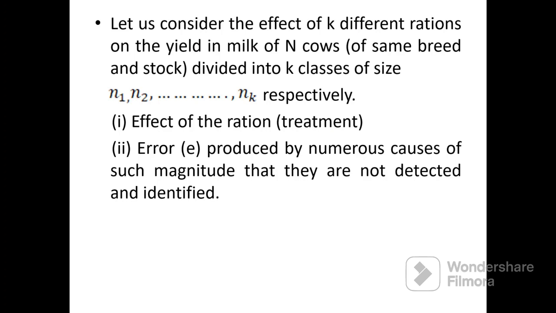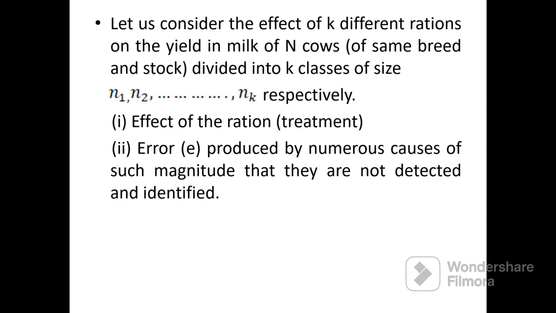For these 10 different samples, the mean yield of milk and the variation from the ration will be considered, as well as the error within the observations. We all know that no two cows produce the same amount of milk, so within the cows also there will be variation, and the yield of milk will be influenced by the different types of ration applied to the cows.